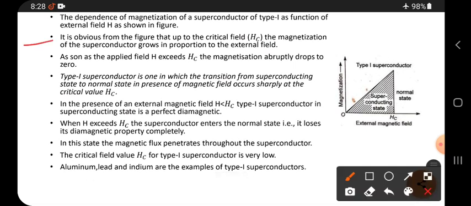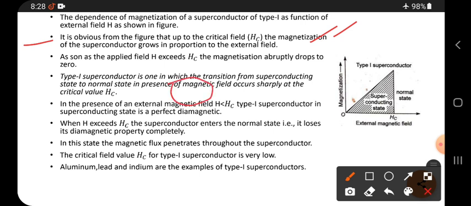It is obvious from the figure that up to the critical field Hc, the magnetization of the superconductor grows in proportion to the external field. Magnetization means magnetic lines of force pass through the substance. Suppose it is a superconductor.